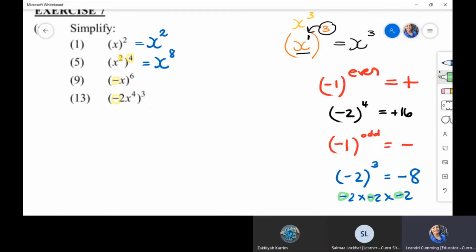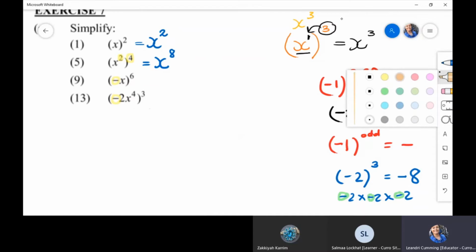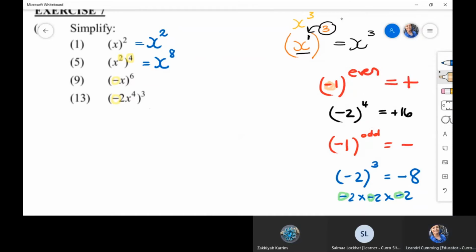The connection here is that a negative value to the power of an even number cancels all the negatives, leaving you with a positive, but a negative value to the power of an odd number will always result in a remaining negative. So I'm never going to be able to cancel negatives with odd powers.